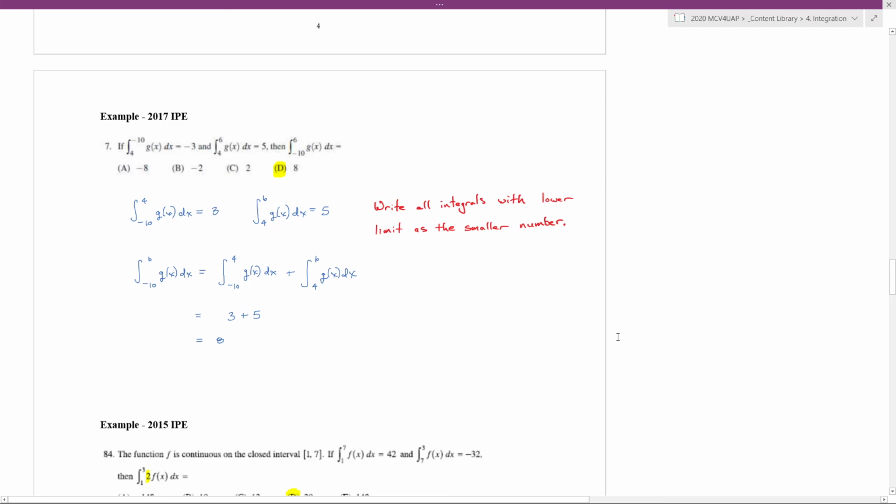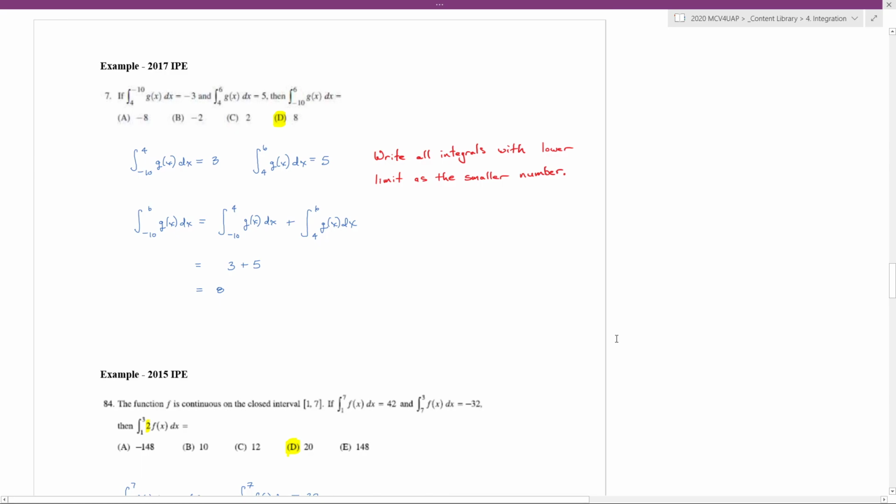Okay, this comes from another practice exam, 2017. So when you're given this question, it seems pretty random, like why are they giving us all these integrals? But it's not as random as you would think. Pay attention to the limits and pay attention to the integrand.